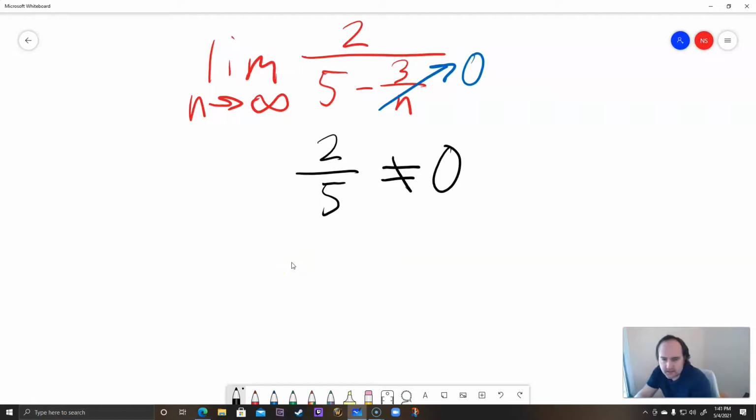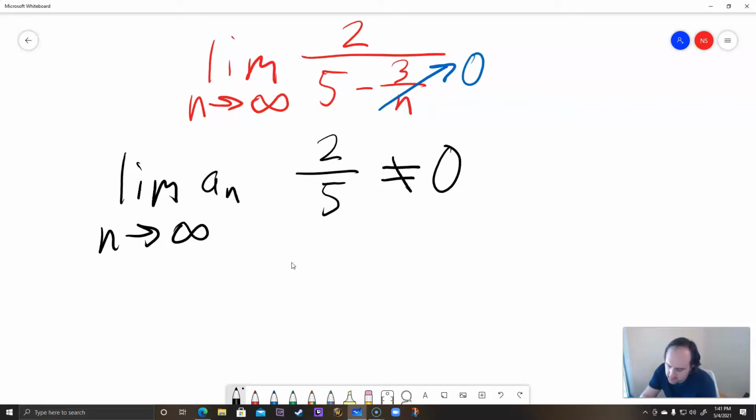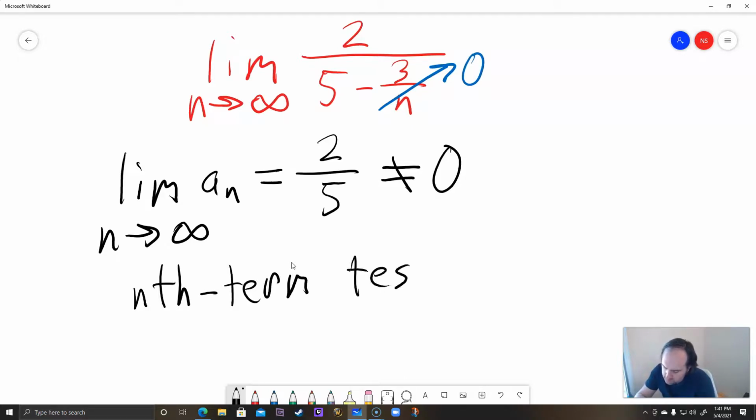Since we get that the limit as n goes to infinity of a sub n equals 2/5, which is not equal to 0, the nth term test says that the sum of a sub n diverges.